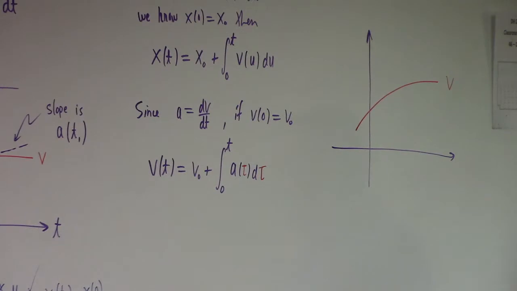What would the position look like? I'll draw the position in green. First of all, you could be like, well, I don't know, right? For example, I tell you my brother's driving here in a car going 100 miles per hour. Where is he? Is this a reasonable question?